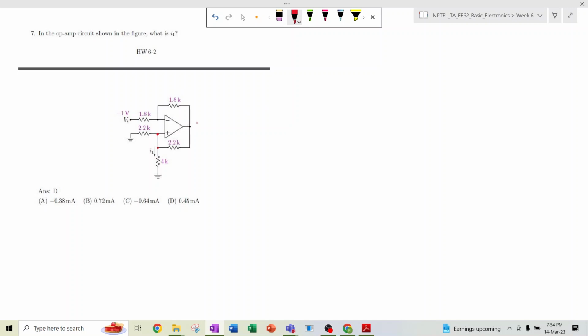So now how can we proceed? Suppose this terminal is Vx, so this terminal will also be Vx. So how can it be?